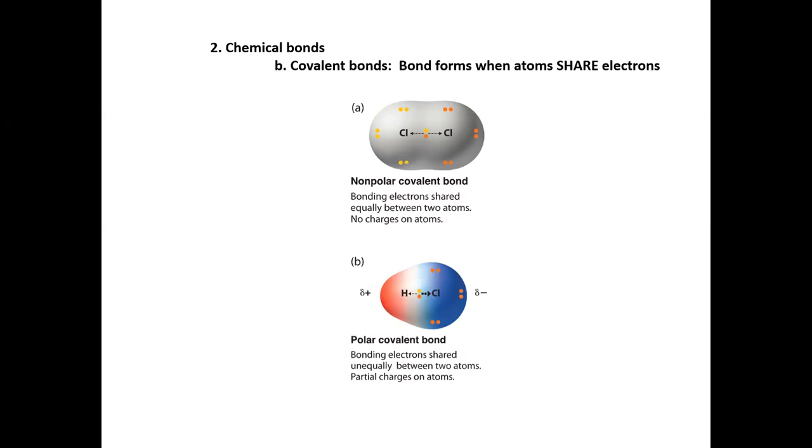Now we've got polar covalent bonds. The electrons are shared, but they're shared unequally.